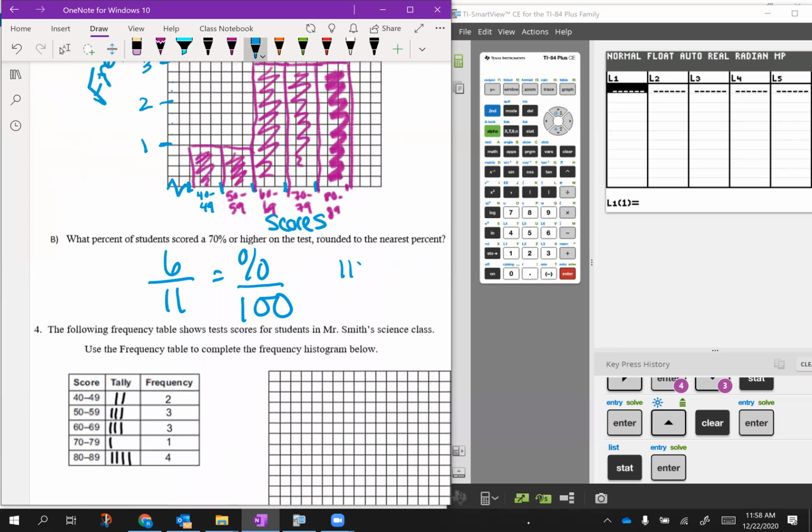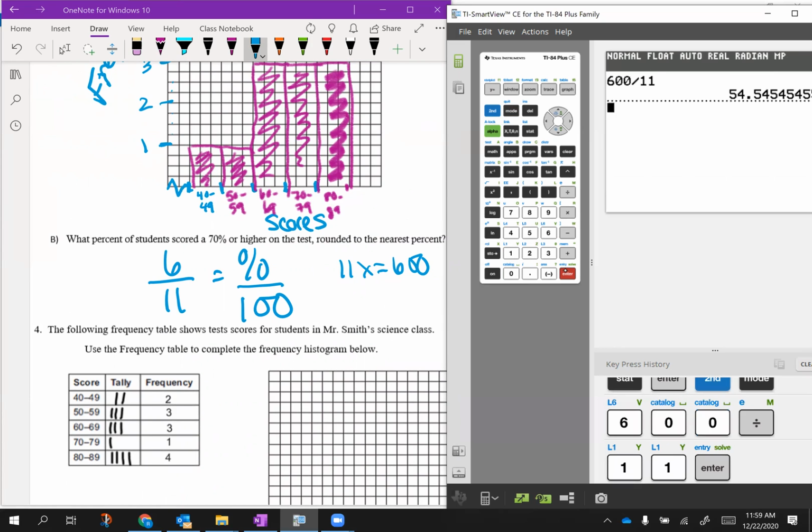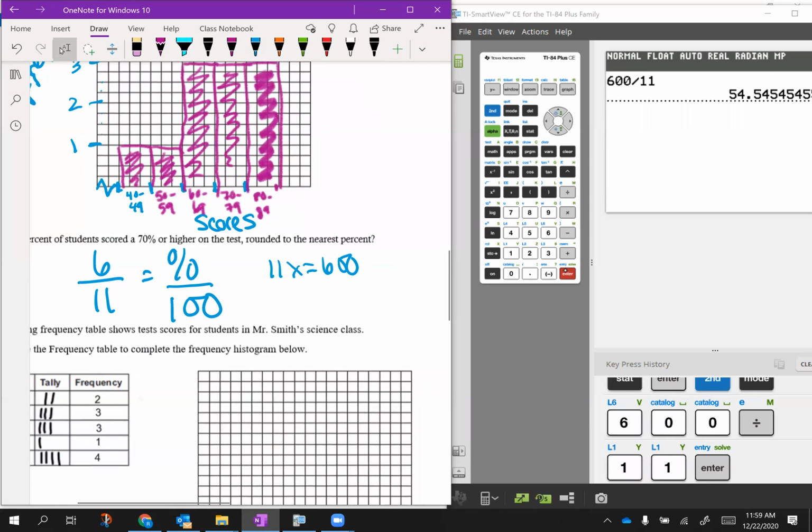So we get 11x equals 600. So 600 divided by 11 is 54.5%. It said rounded to the nearest percent. So x equals 55%.